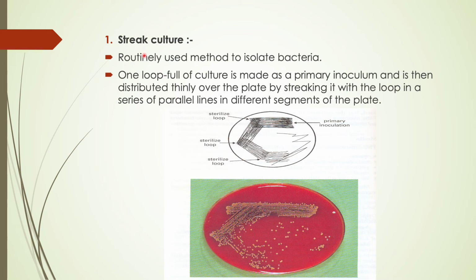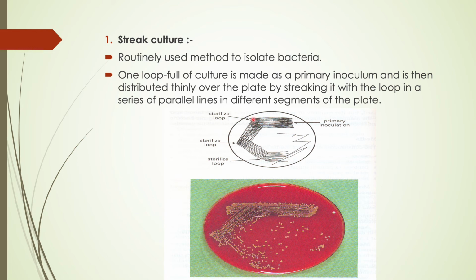So for example, we have to start with the streak culture. Actually, the streak culture is the routinely used method to isolate the bacteria, okay? It's so simple. You just have to add the colony of the bacteria here on this side, and you have to start the distribution of the bacteria to this line.